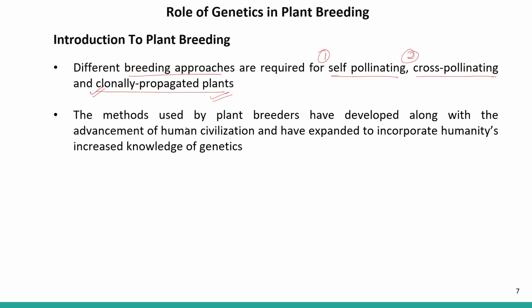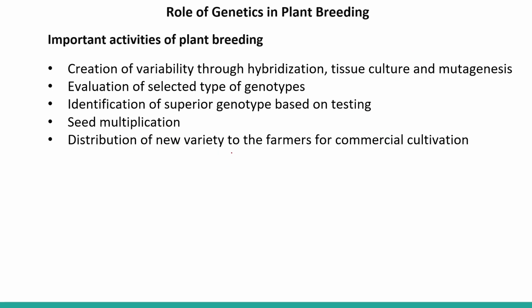The methods used by plant breeders have developed along with the advancement of human civilization and have expanded to incorporate humanity's increased knowledge of genetics. We will study the history of plant breeding also, and there we will understand how genetics has progressed, how cell biology has progressed, and on the basis of that our breeding technique also progressed, right?